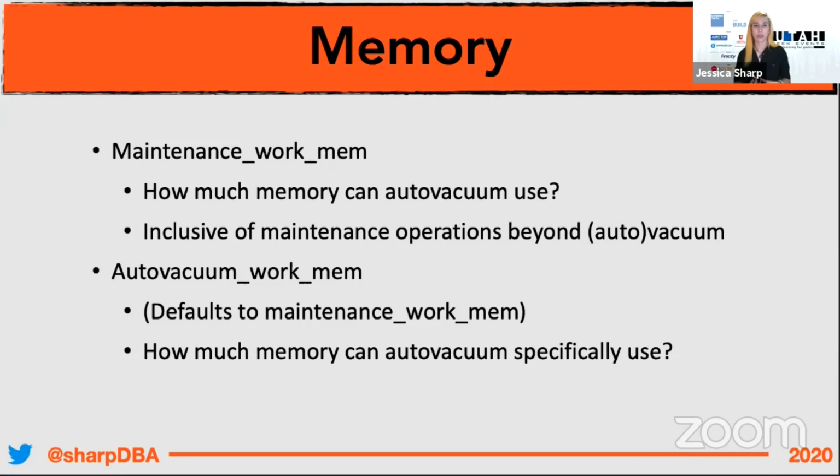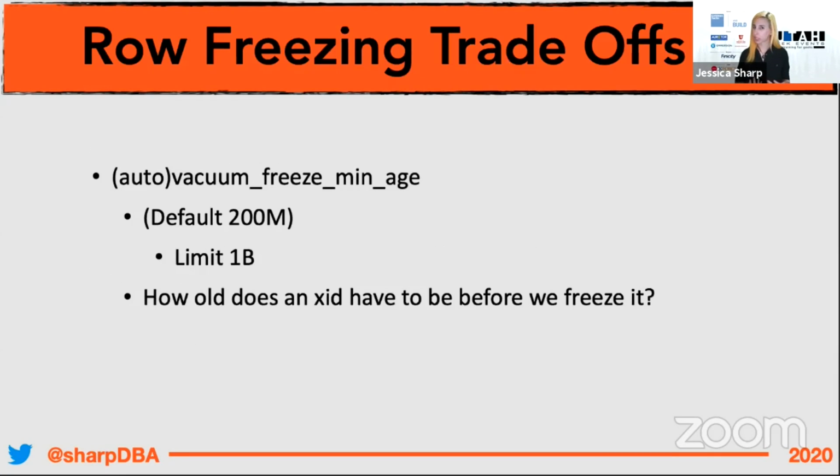So the other big thing you can control and adjust is your row freezing trade-offs. The reason I'm saying it's a trade-off is because, let me explain this first. Your autovacuum_freeze_min_age is one of the parameters you'll want to look at.